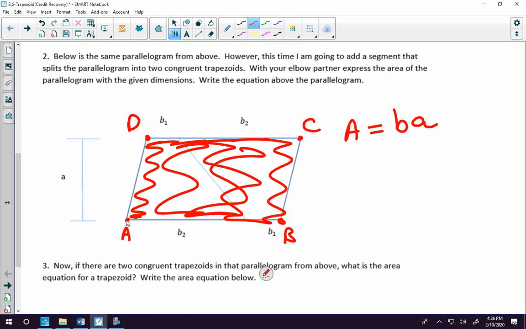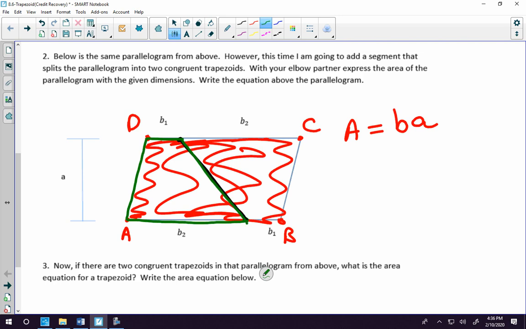Now, a couple things, okay? I want you to imagine if we took scissors and cut right through that black segment. You need to now realize that the quadrilateral that I'm highlighting, now in green, is called the trapezoid.